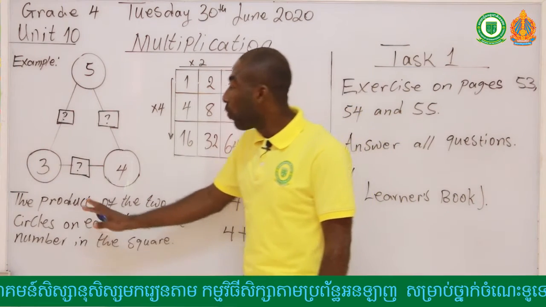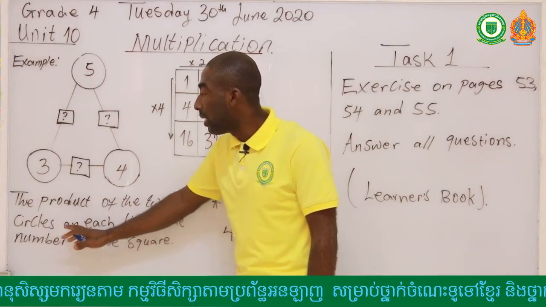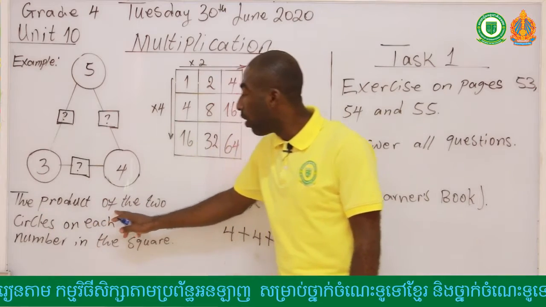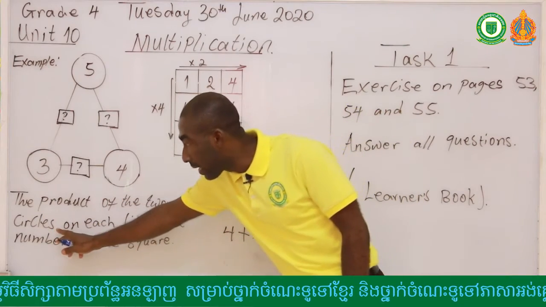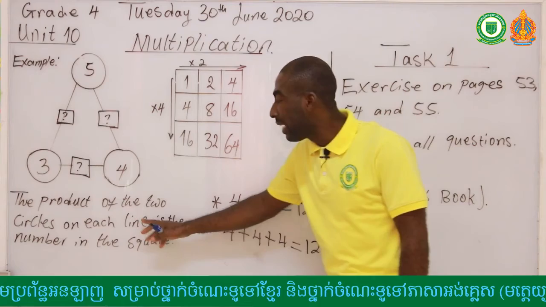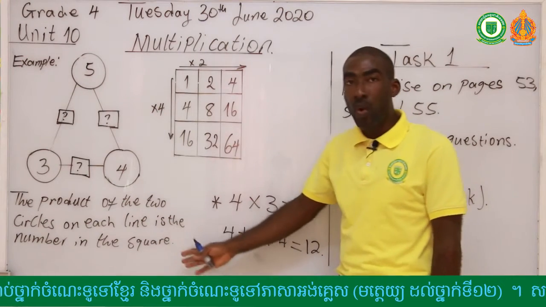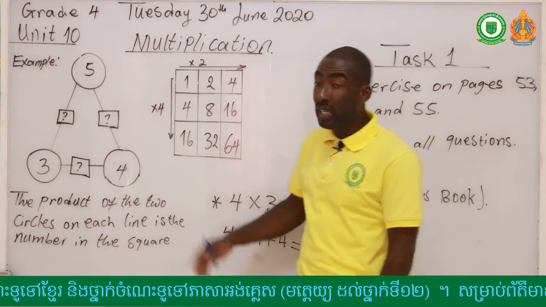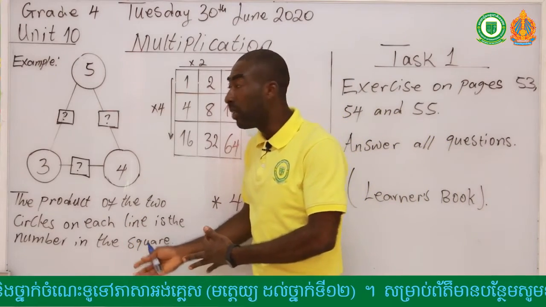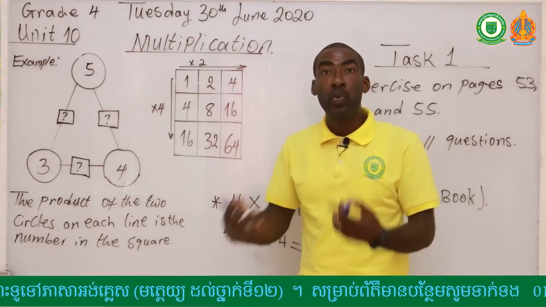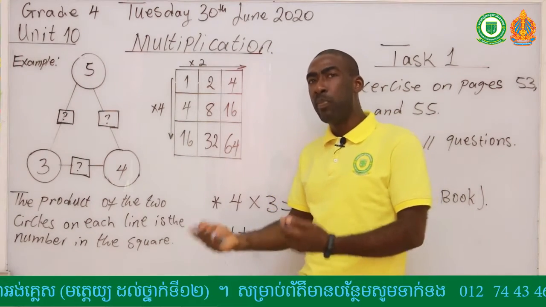Okay, good. So what does the instruction say? The instruction is saying that the product of the 2 circles on each line is the number in the square. So let's try to understand what the instruction is saying. The instruction is saying the product. So what is the product?